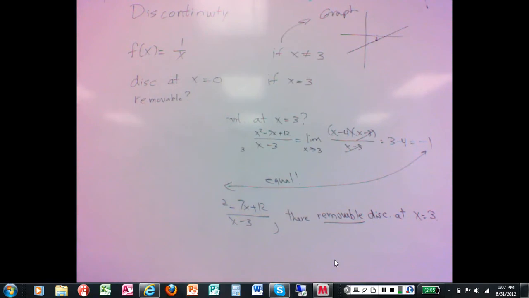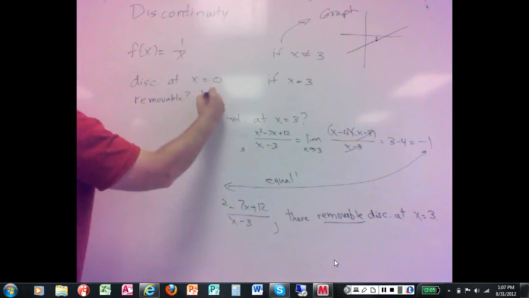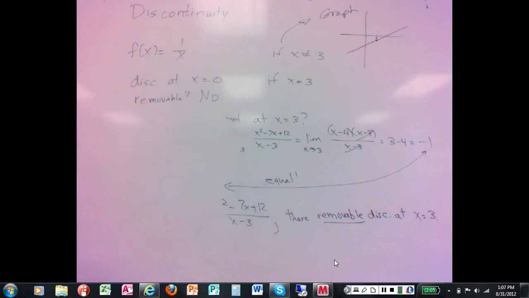Can I say, well, x is this at x equals 0, or the f of x is this at x equals 0? Well, the answer would be no. Okay? It's not removable because of what happens at x equals 0.